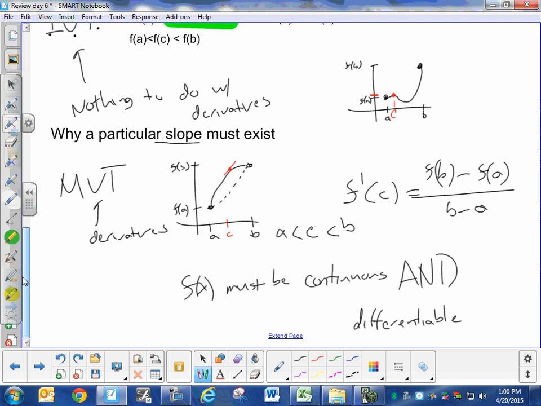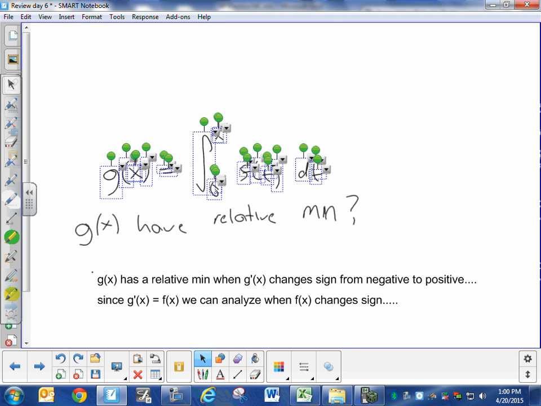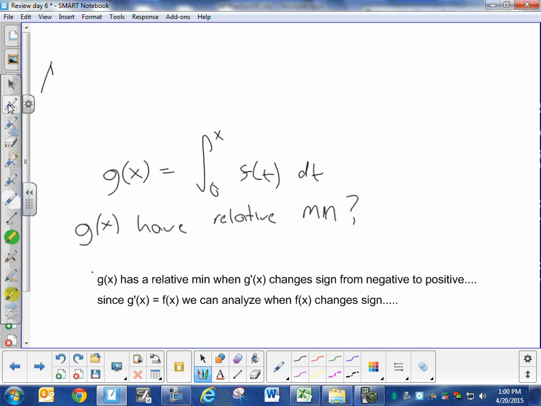The one thing I would also warn you about is when you're dealing with an accumulation function and providing connections. Make sure we provide connections.